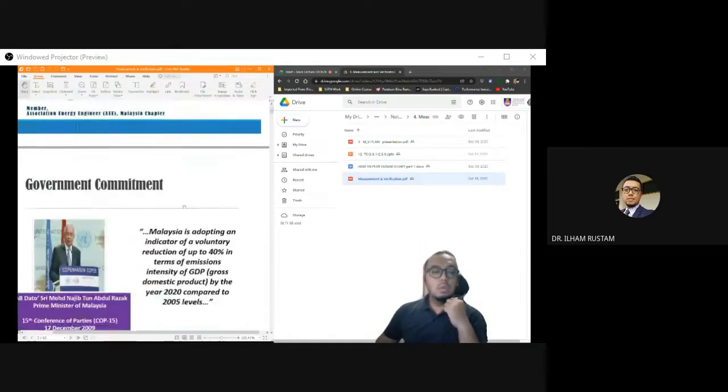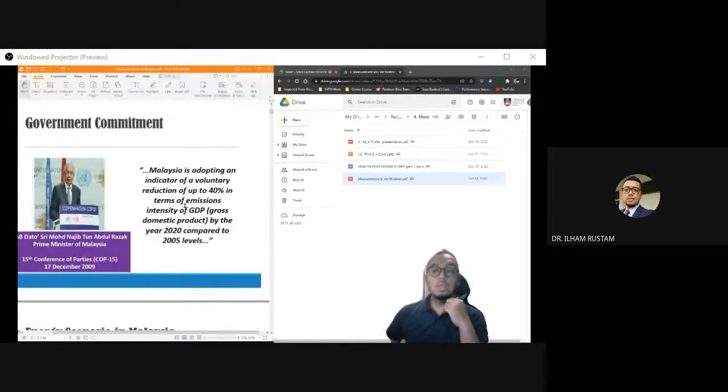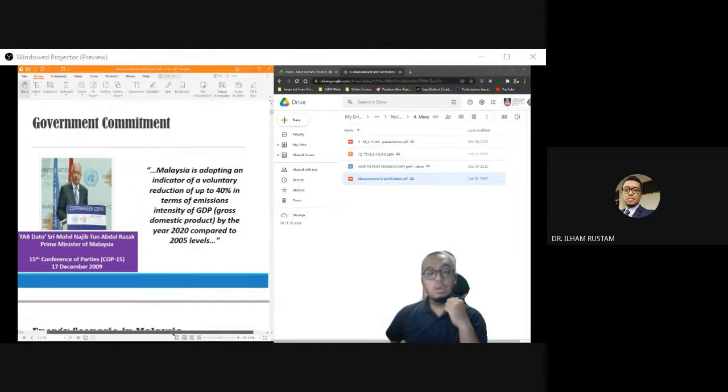Okay, so some revision on chapter 1 and chapter 2. Basically, the reason why you are learning this is because our previous Prime Minister, Datuk Seri Najib Tun Razak, even though he has been prosecuted on charges, was the one who gave the commitment to voluntarily reduce up to 40% in terms of emission intensity of GDP.